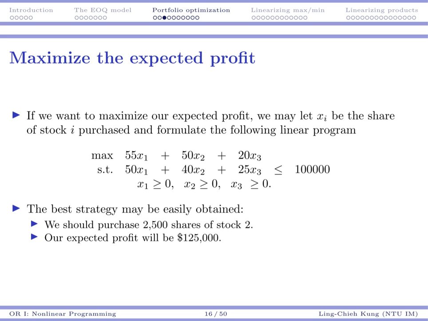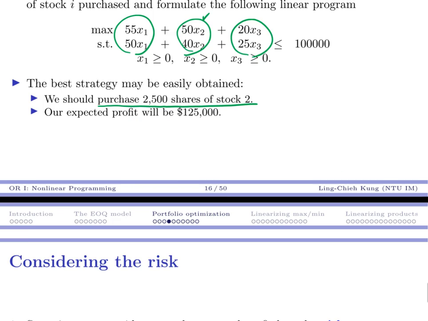Obviously, we would spend all our money to purchase stock 2 because that's the most efficient way to earn some money back. It's equivalent to just looking at the ratios, because stock 2 has the highest return ratio. So that's why we are most interested in this particular investment target.